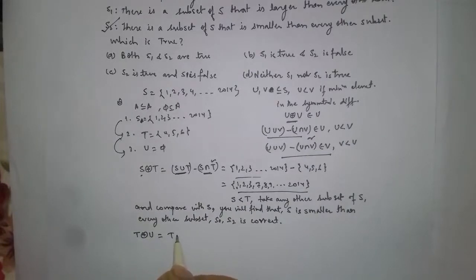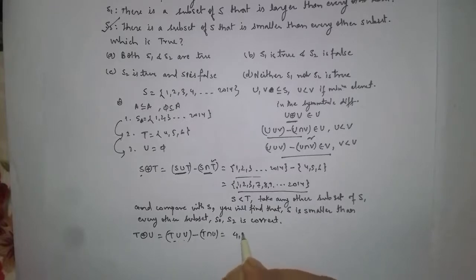Now finally I am going to compare the second and third, that is T symmetric difference U is equal to T union U minus T intersection U. T union U will be 4, 5, 6 because U is empty. T intersection U will be empty because U is empty.